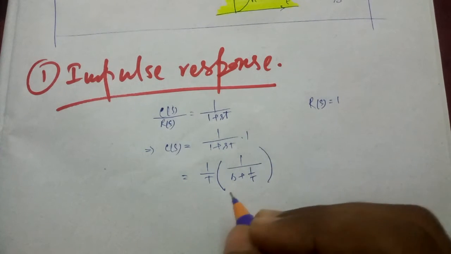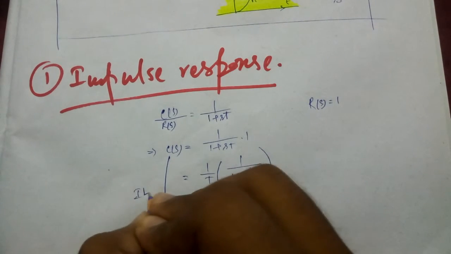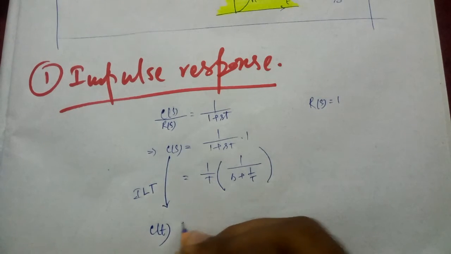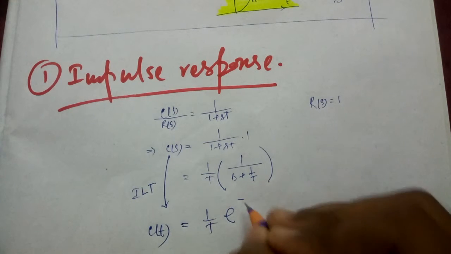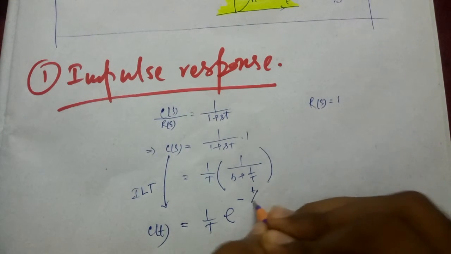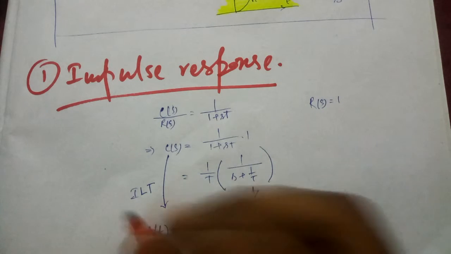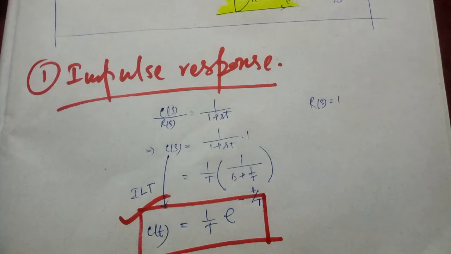If we take the inverse Laplace transform, we will find c(t) as 1 by T e to the power minus small t by capital T. We know that. So finally this c(t), the answer in time domain, is the impulse response.